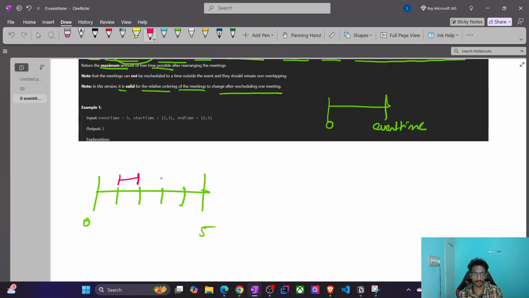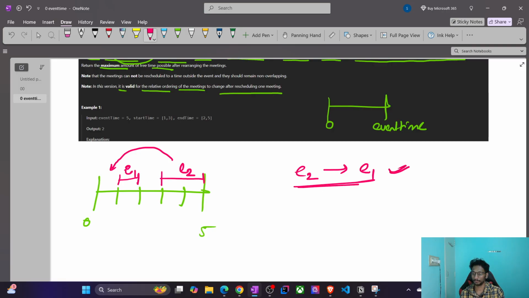Next is starting at 3 and ending at 5. So this is event 1 and this is event 2. But in this problem, you can change the order. It means you can shift event 2 to the front, and then event 2 will be before event 1. So this is possible. We can change the order.